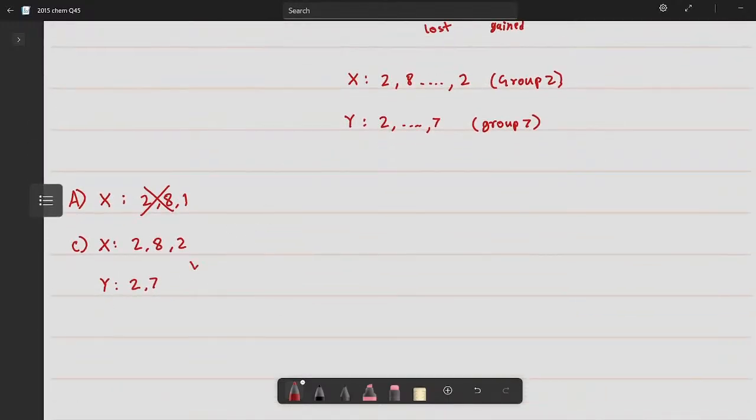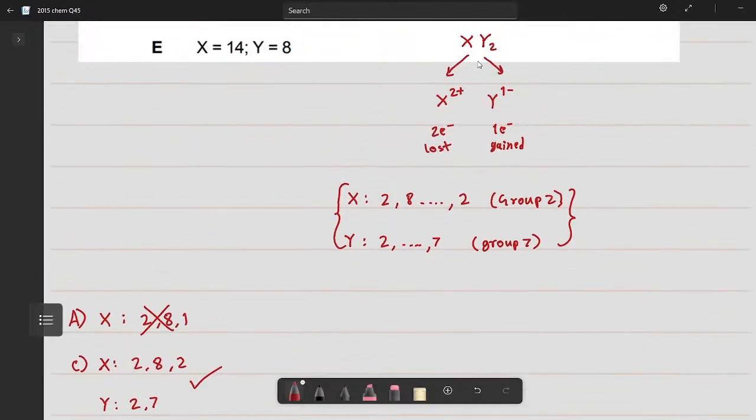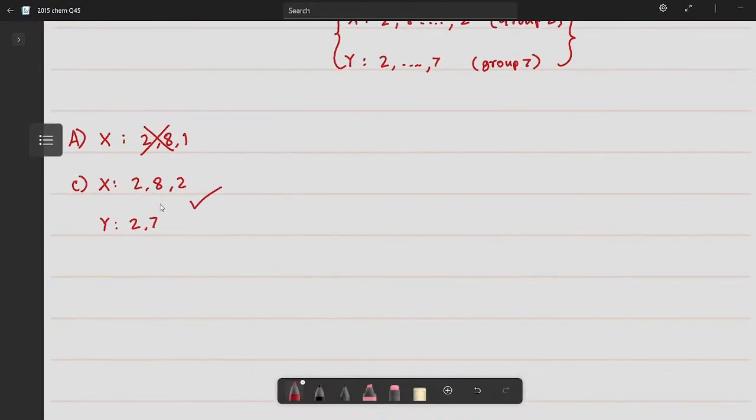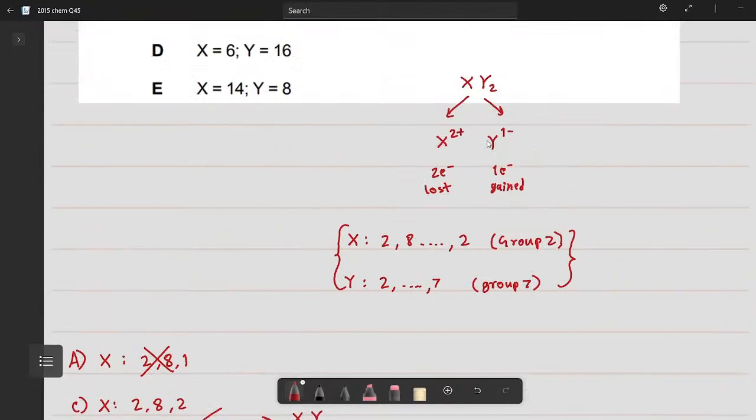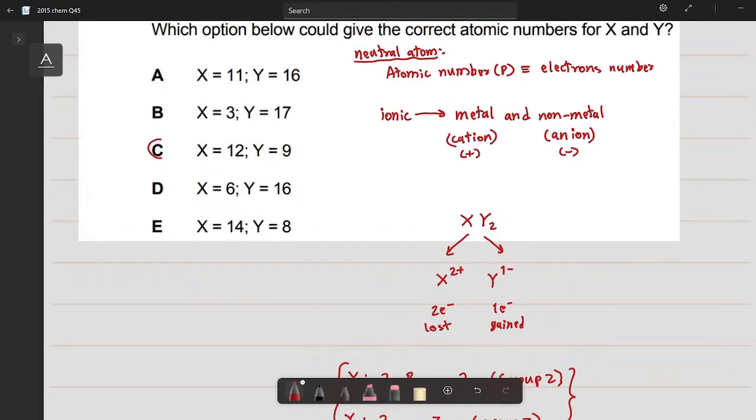Now this is correct because it matches our working that the last electron numbers for these elements must be 2 and 7 for the ionic compound to be formed as XY2. So this is the correct option, option C. X will lose 2 electrons and there must be 2 Y atoms to gain 1 electron each to form the compound XY2. So option C is the correct option.